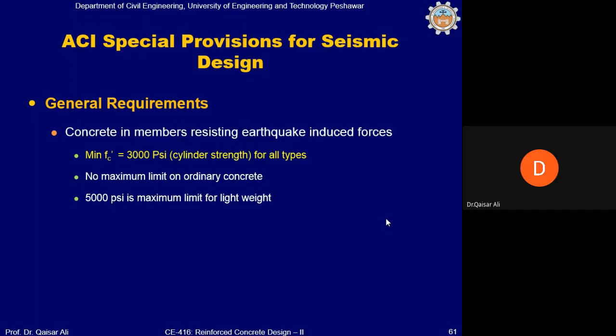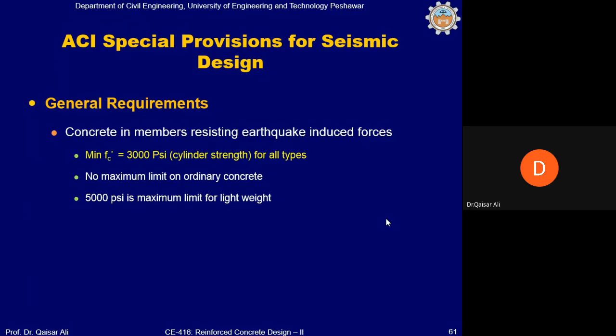So on one side you are taking advantage, but on the other side the code has put restrictions on the SMRF. There will finally be a situation where a comparison between SMRF and IMRF can give you an idea which frame shall be selected in the zones where both of them are allowed. So with this discussion, now we will discuss further the ACI special provisions for seismic design.